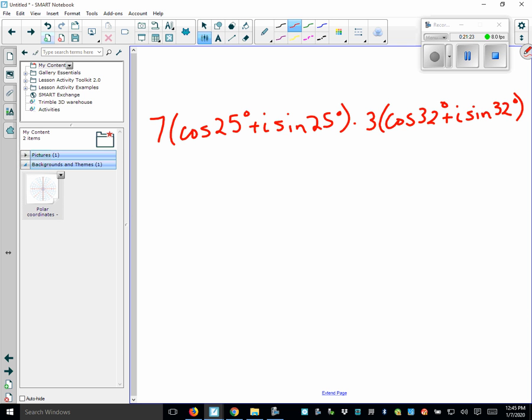Multiply the r's, which is 21. What do I do with the angles? Add the angles. Cosine of 57 plus i sine of 57. That's the answer.